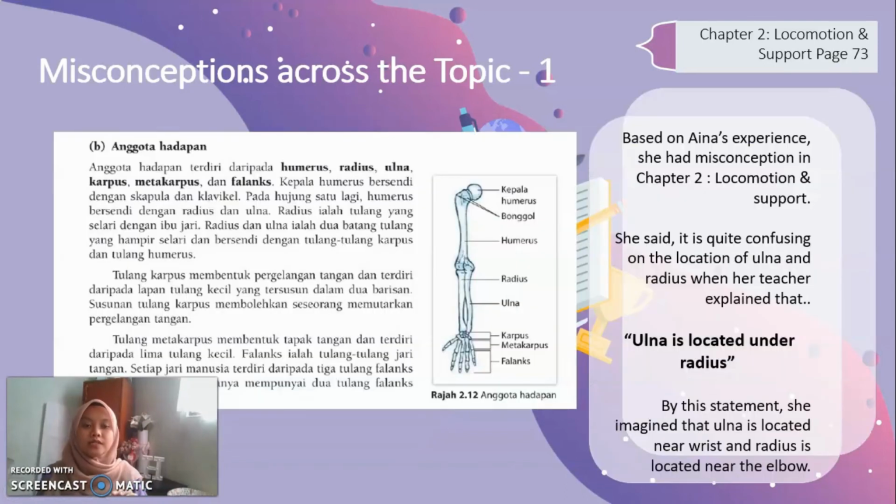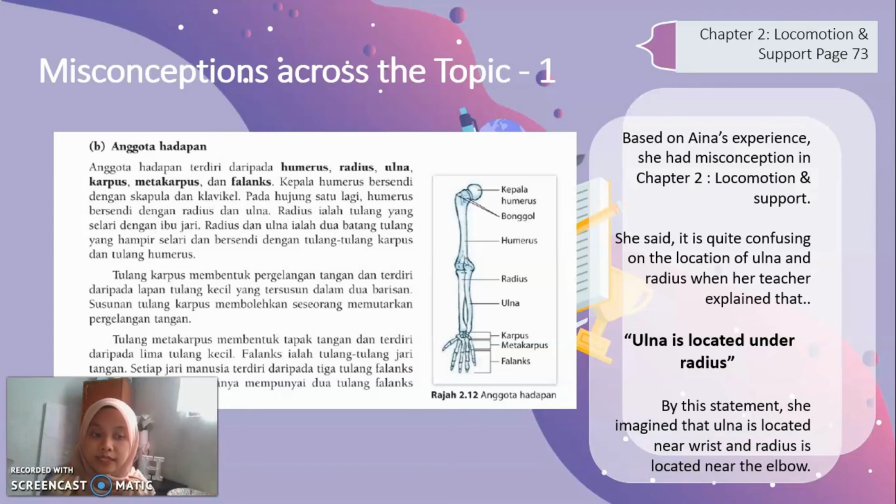Based on Aina's experience, she had a misconception in Chapter 2, Locomotion and Support. She said it is quite confusing to know the location of the ulna and radius. Her teacher explained that the ulna is located under the radius, maybe without using a model or a picture.